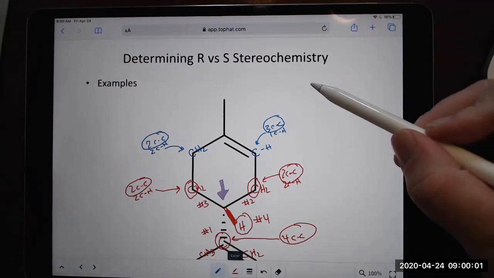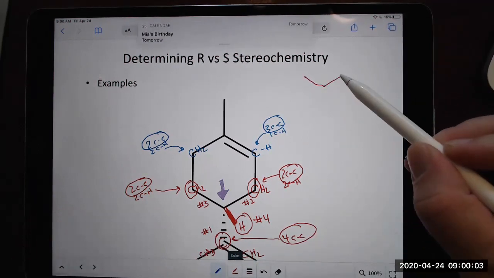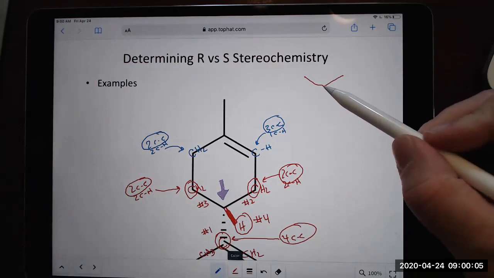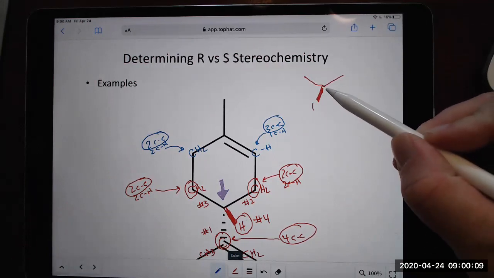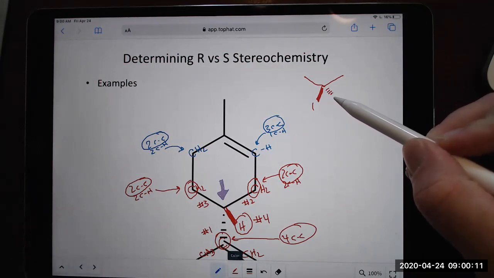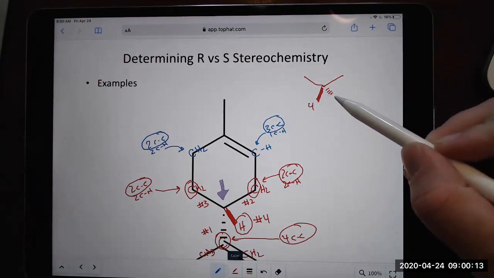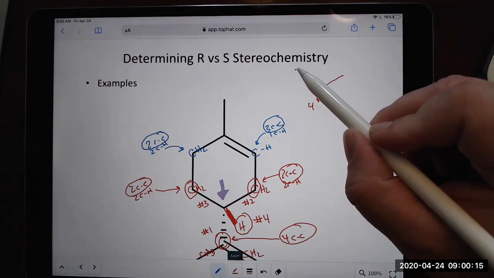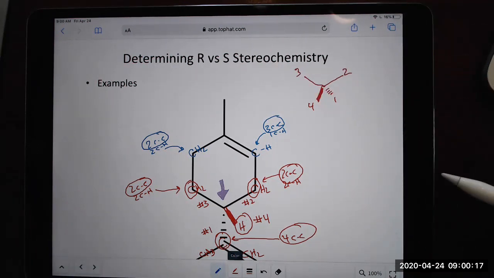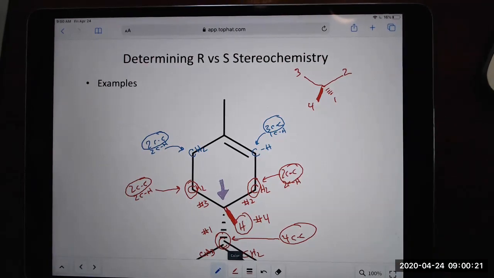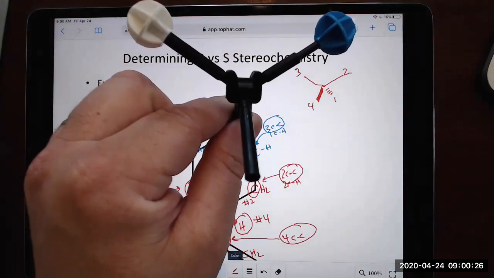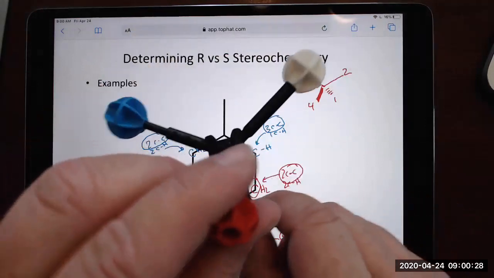And so if you redraw it, 4, 1, 3, 2. If you're going to do the steering wheel method, we're going to have to flip it around like this.